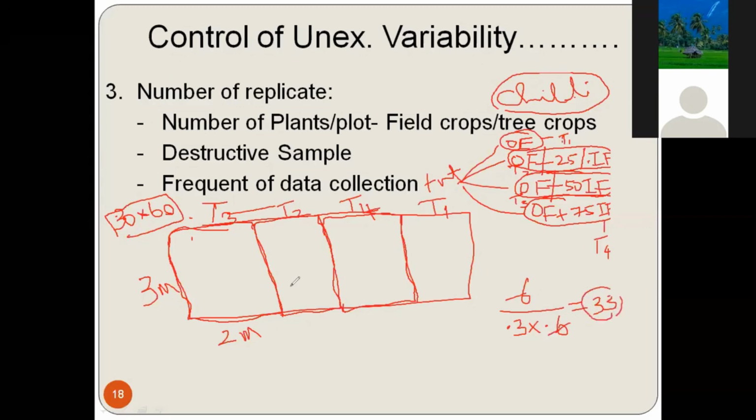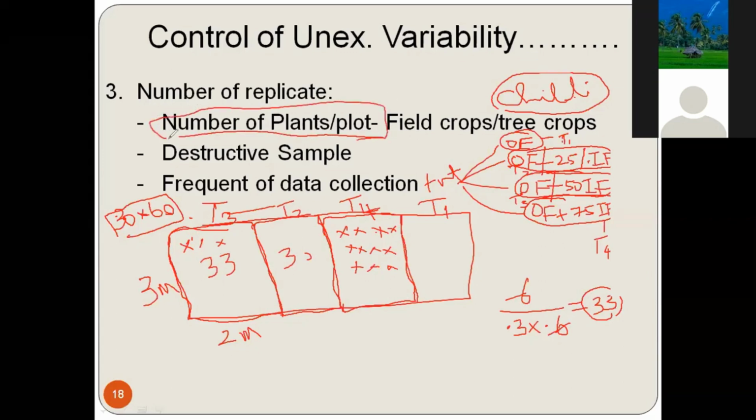Roughly, yeah. Don't worry about the arrangement. So now how many plants do I have here? 33 plants roughly in every plot. So that means we are planting in a normal way, right? Let's assume we have roughly 33 plants. Now tell me the number of replicates, the number of plants per plot.